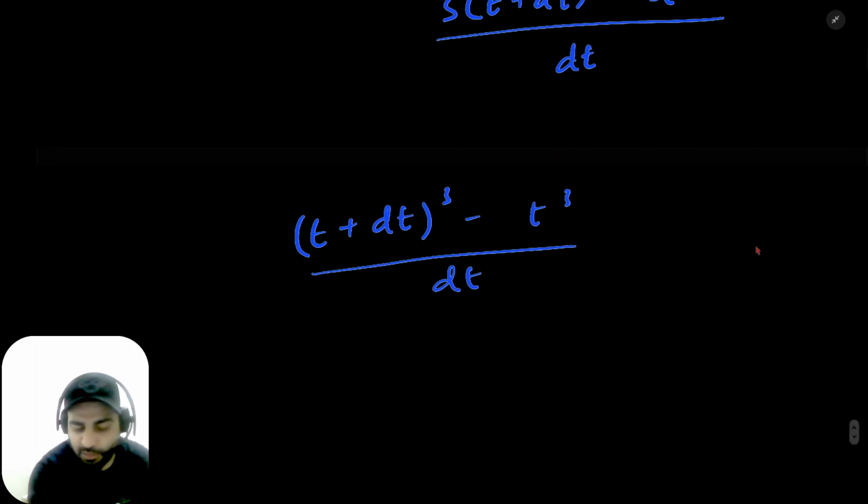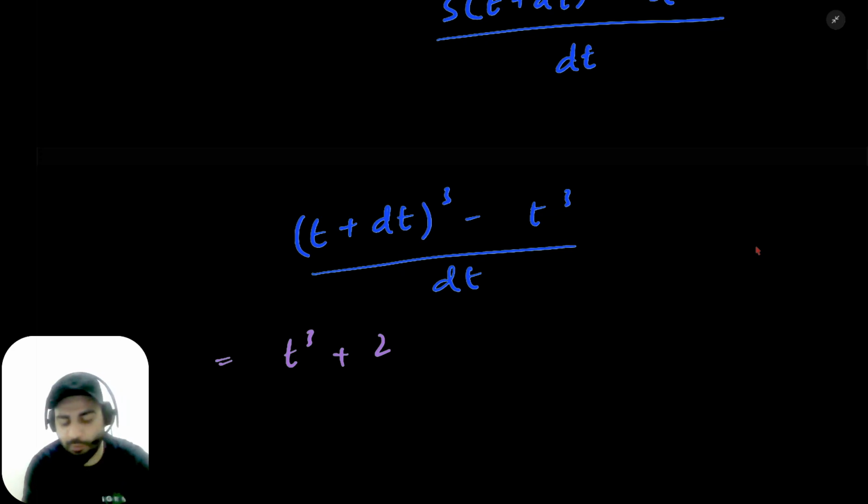Now if you expand this, it will be t cube plus twice t. Let me write the formula exactly. Basically, why I'm doing this example, I want you to take one thing away.